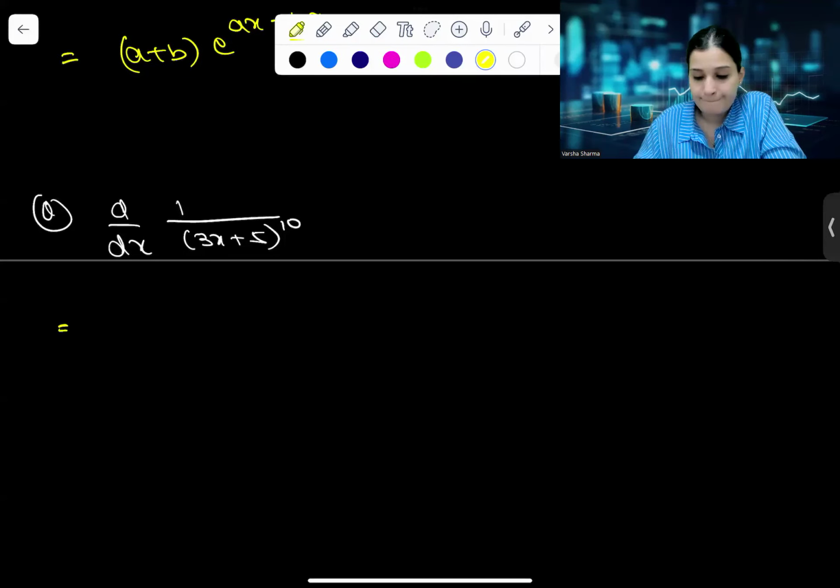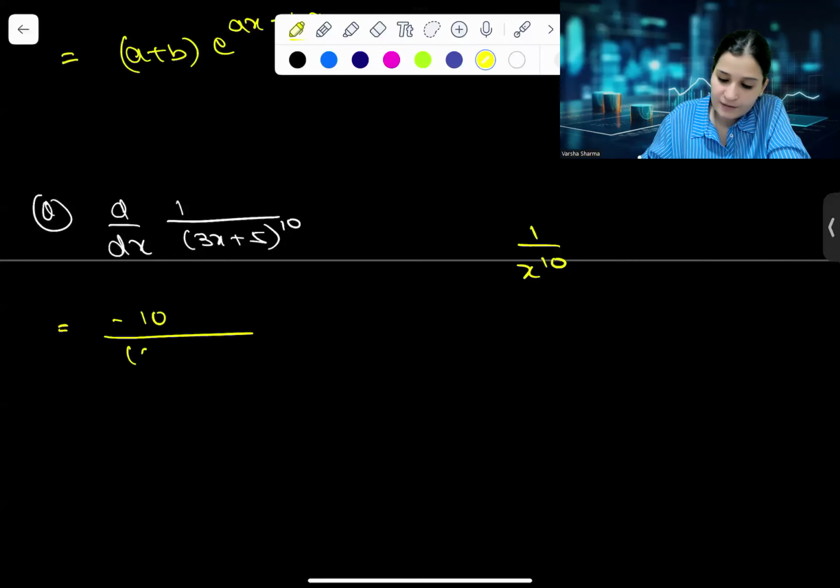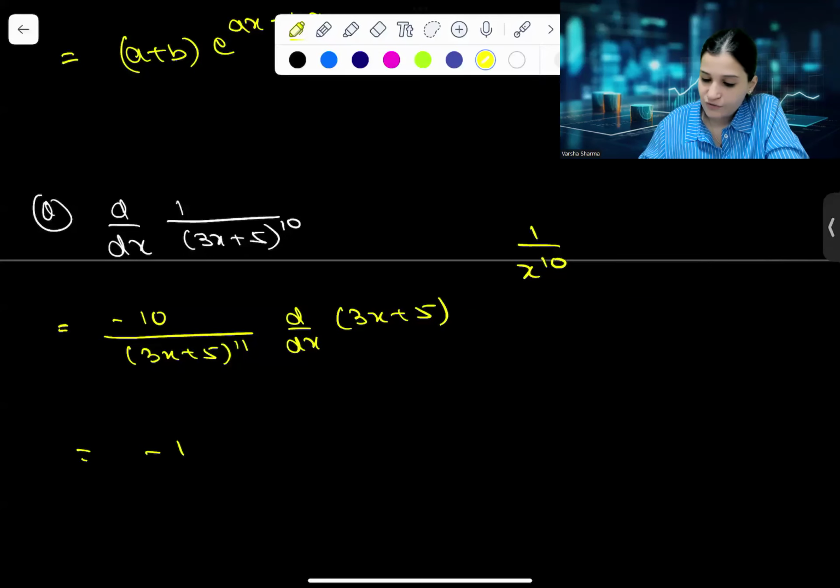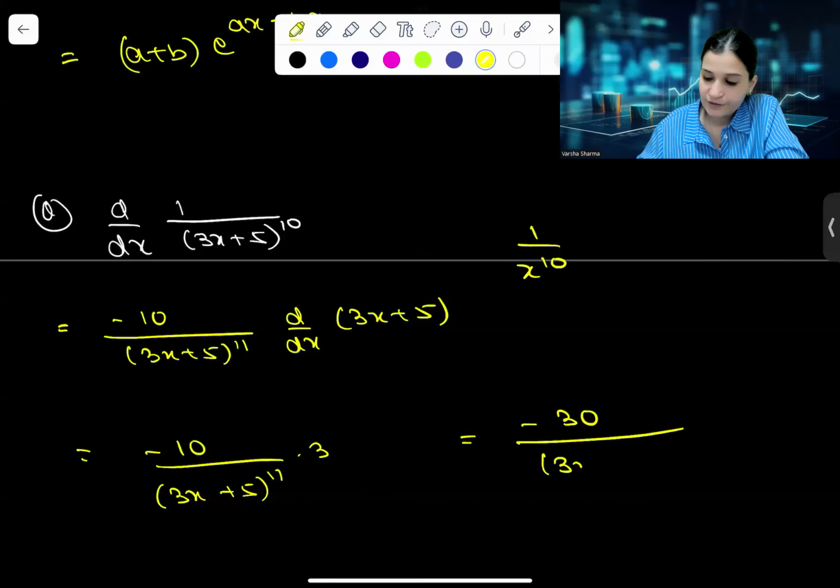Minus 30 by (3x plus 5) power 11. First, we'll treat it as 1 upon x power 10, so minus 10 by x power 11. Now, differentiation of the term that is written instead of x, differentiation of 3x plus 5, is 3. So the answer is minus 30 by (3x plus 5) power 11.